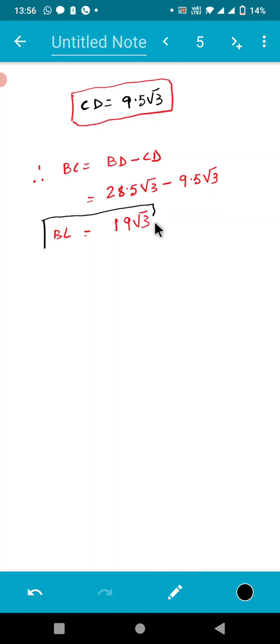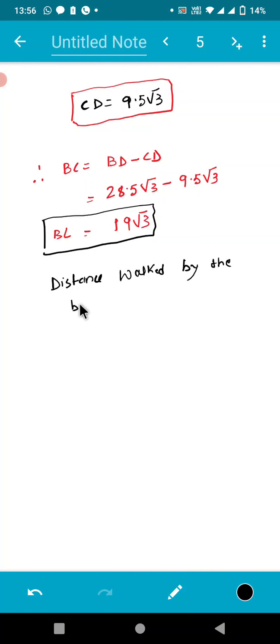So this is the length that the boy walked, or you can say this is the distance that the boy walked towards the building. So you can write this also: distance walked by the boy towards the building. And this would be equals to 19 root 3 meter.